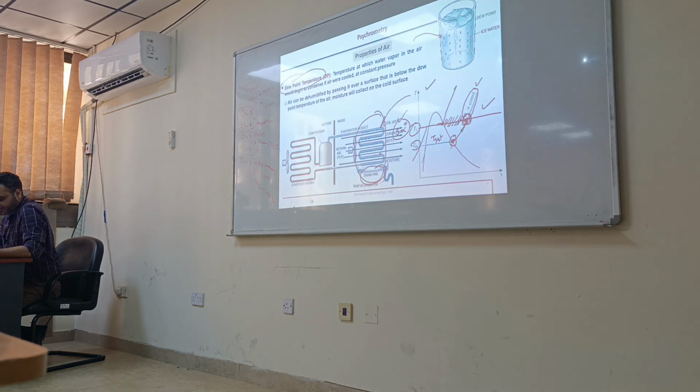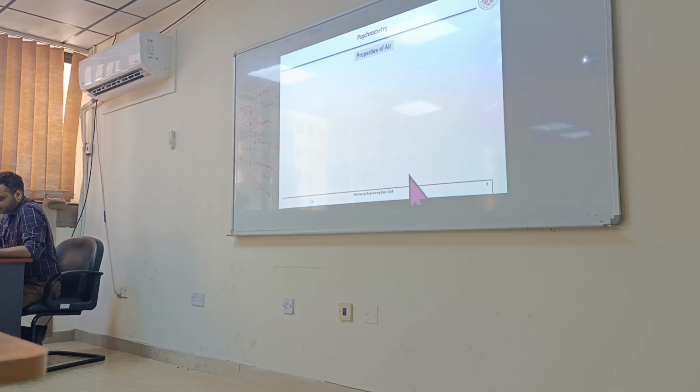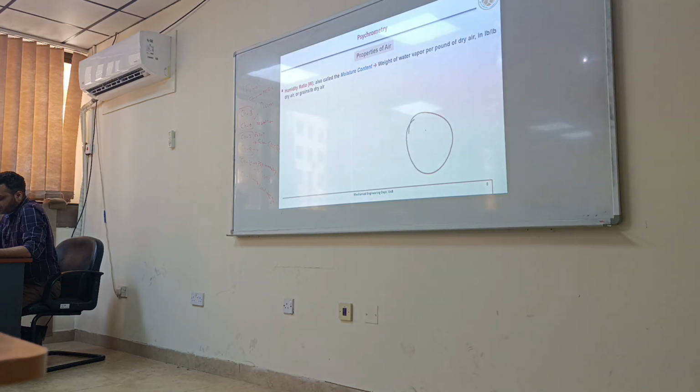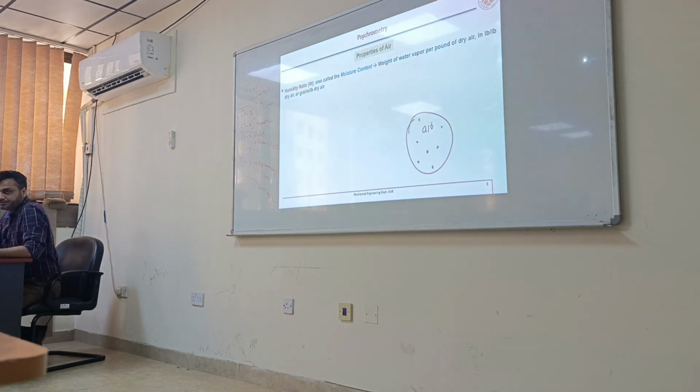So now we have discussed dry bulb, wet bulb, dew point temperature. What else? Humidity ratio. What is humidity ratio? For example, here we have air. In that air, these are, for example, water vapor molecules.